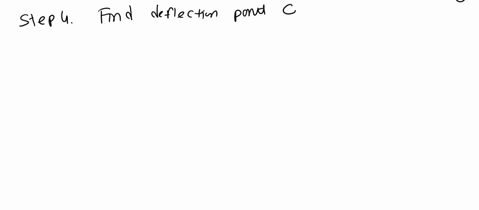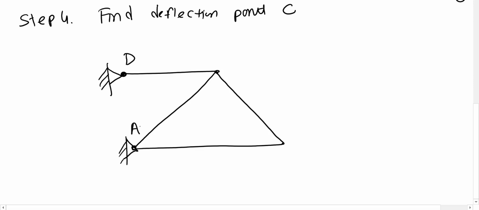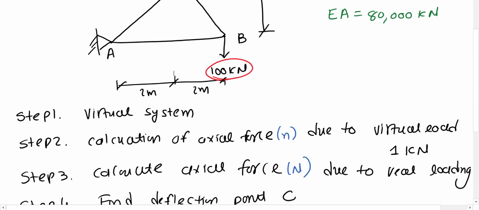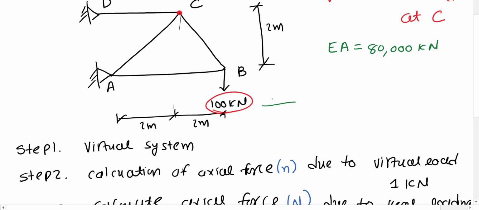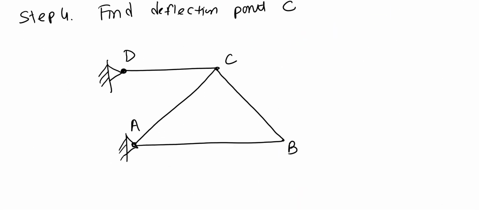Now how can we draw the virtual system? It's very simple. We draw exactly the same as given in the problem, but the difference here is that we remove all the external loading, let's say A, B, and C, D. Look at this picture. We remove all this. Now we remove this 100 kilonewton in the virtual system, and we need to apply this unit load.